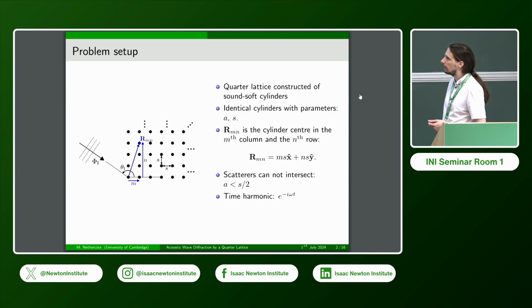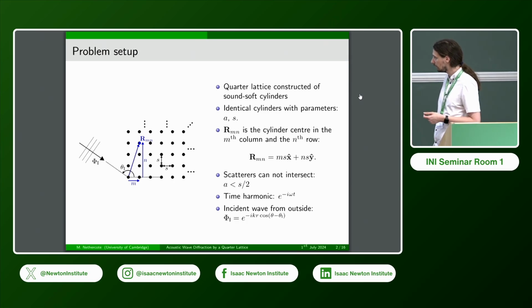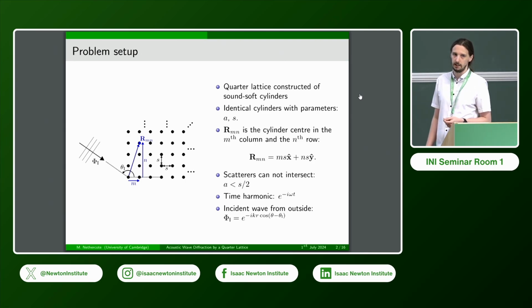We're looking for time harmonic solutions to the linear wave equation. So by assuming and suppressing this time factor, we can reduce our governing equation to Helmholtz's equation. And lastly, the incident wave that we're considering here is simply a non-skew plane wave.